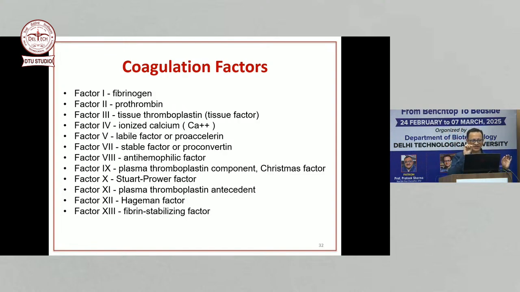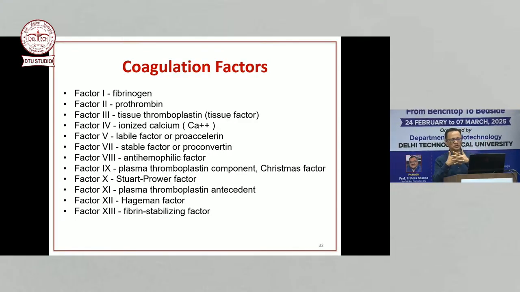But when clotting starts happening, fibrinogen gets converted to fibrin, and fibrin forms strands, and these strands start getting cross-linked to stabilize that clot.